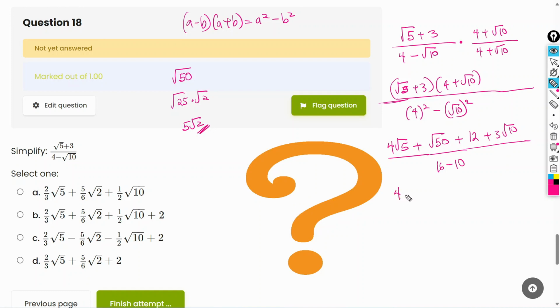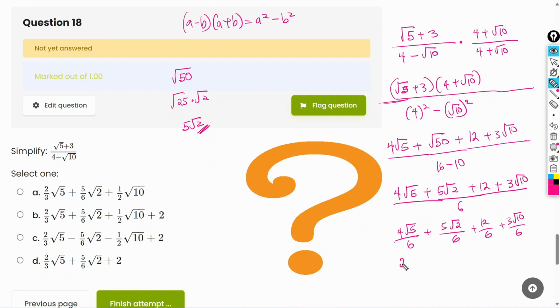So let me write this as 4 root 5 plus 5 root 2 plus 12 plus 3 root 10 over 6. So that will be 4 root 5 over 6 plus 5 root 2 over 6 plus 12 over 6 and then plus 3 root 10 over 6.